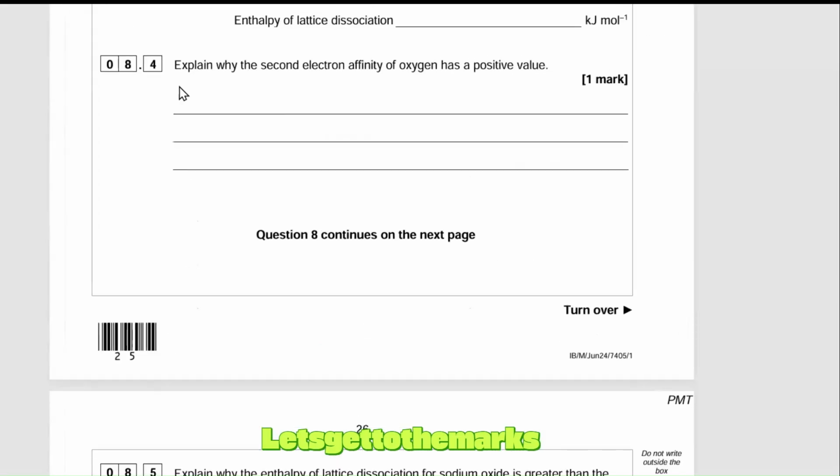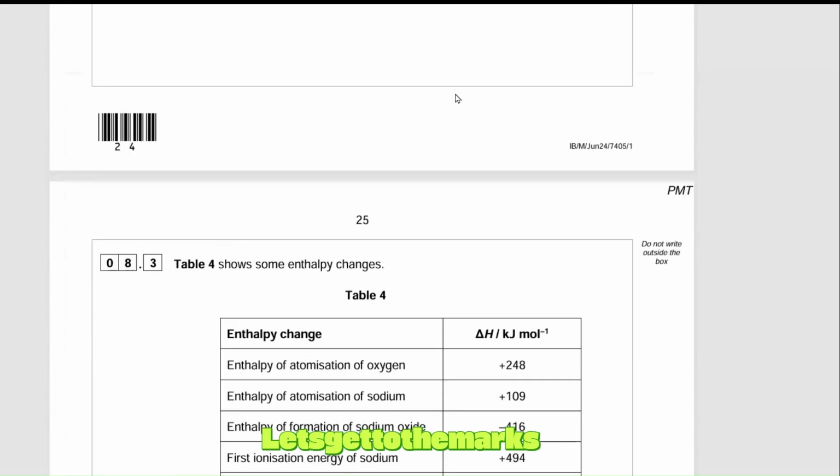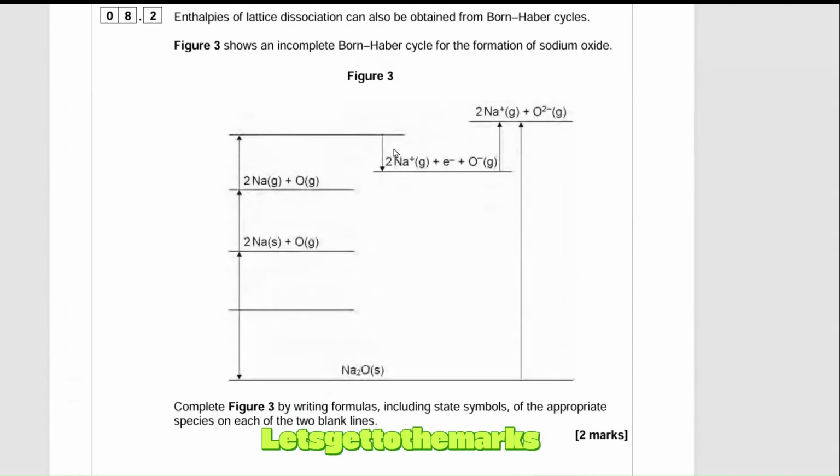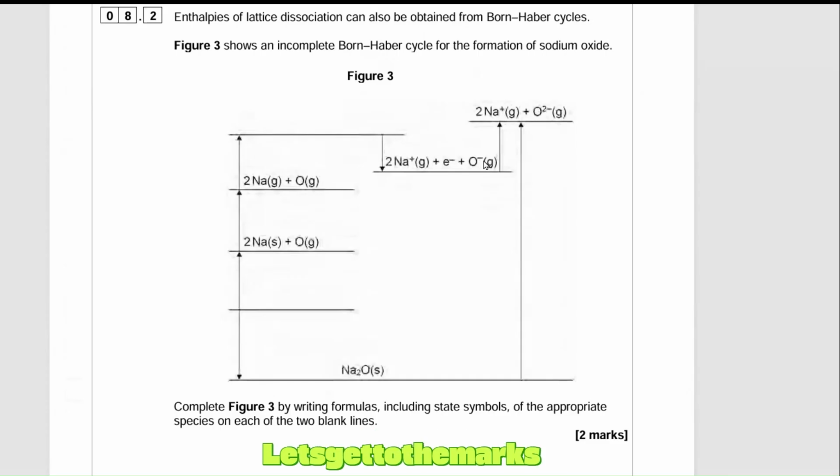This question 8.4 says, explain why the second electron affinity of oxygen has a positive value. So what they're saying is, look, this one is negative. It was minus 142, and this was plus 844. So hold on a minute. We're getting an exothermic reaction. Oxygen wants to become a negative ion. Of course it does. It wants a full outer shell.